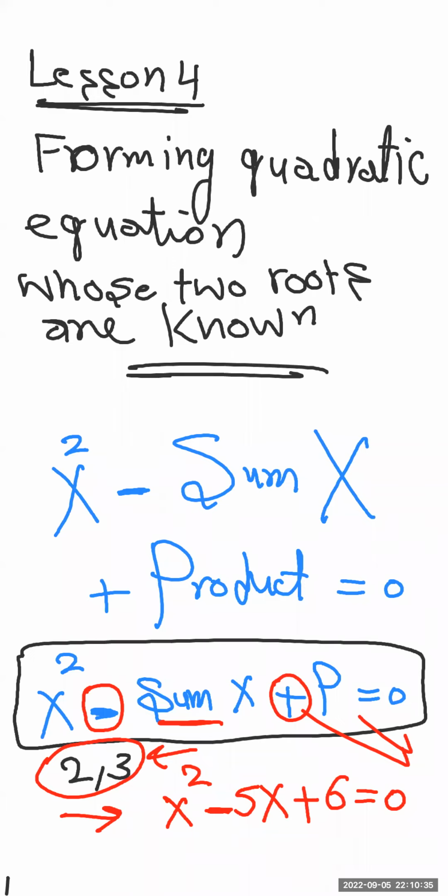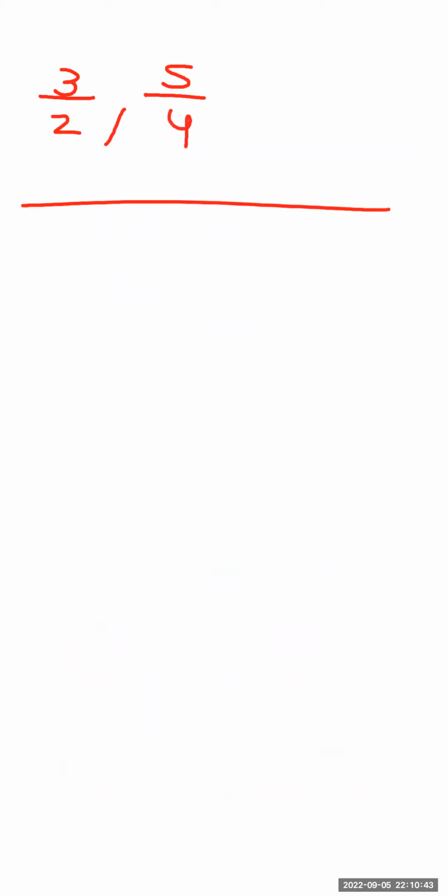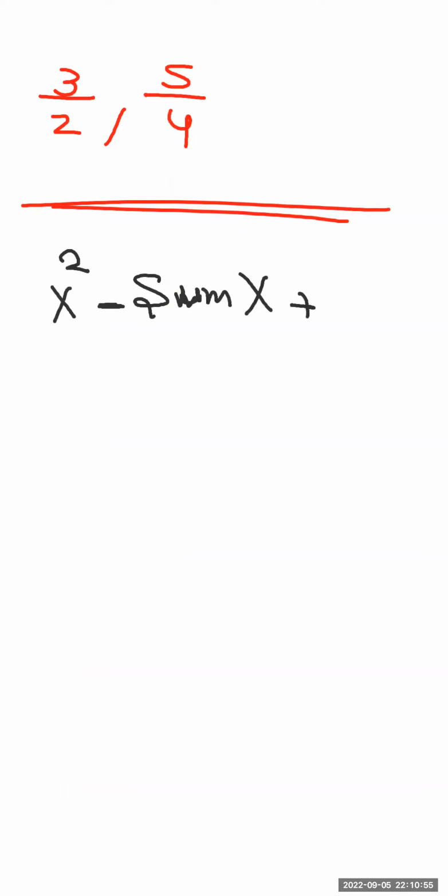One more example. If the two roots are 3 over 2 and 5 over 4, write down the equation. Okay, we said that the equation is x squared minus the sum of the two roots times x plus the product equals 0.